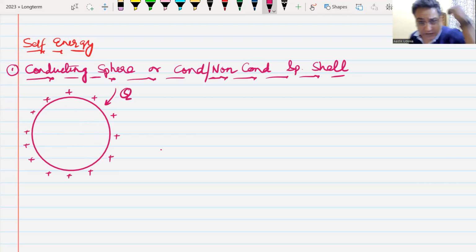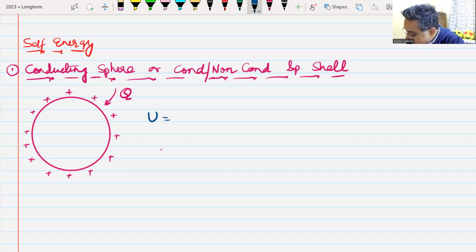Yes or no? Now, this is not a point charge. It basically consists of a large number of point charges that has been brought from infinity and placed on this. To assemble this, some work has been done and that work is stored as energy. Since it is one body, we will call it the self energy. Actually, it is not the self energy, it is the interaction energy of all the small charges which are put here. Do we understand this?